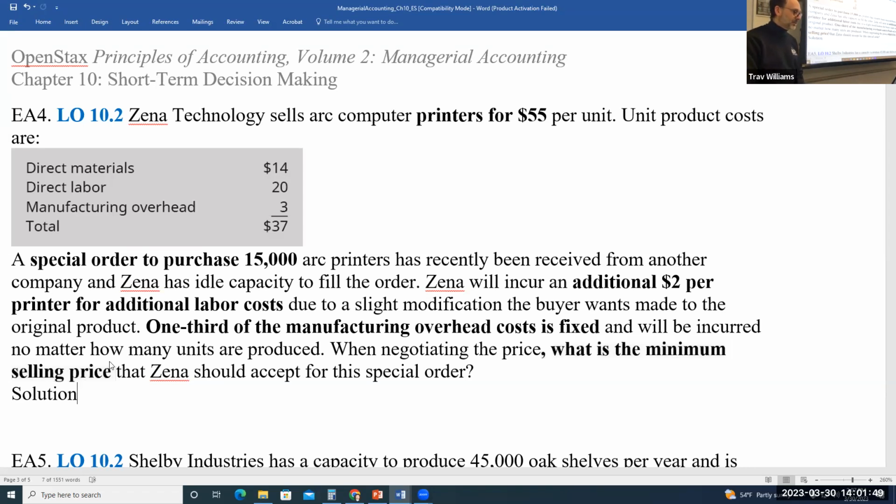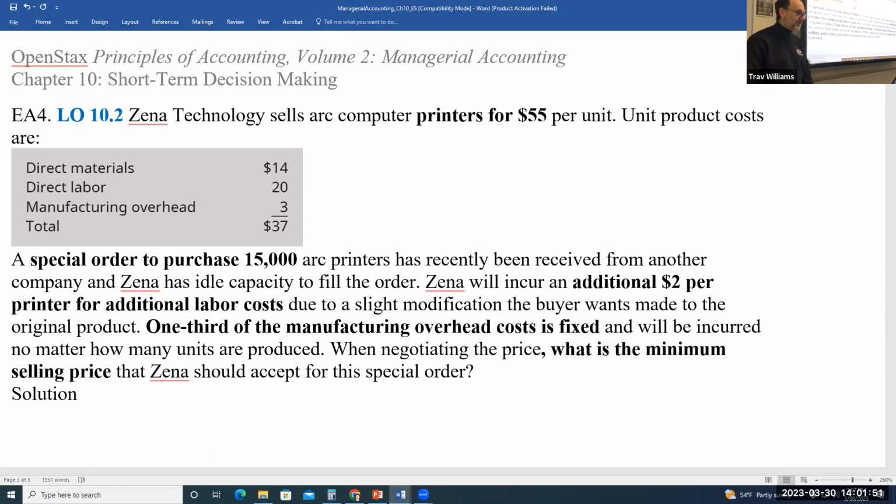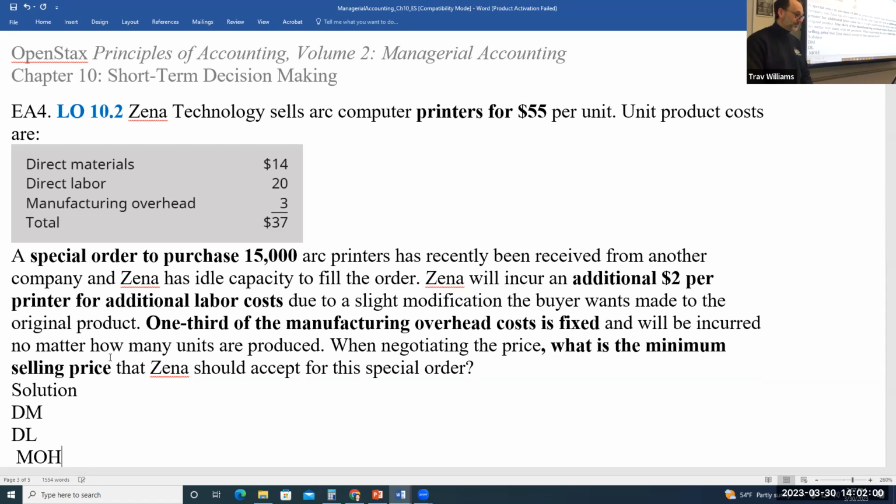So let's go ahead and break it down by the type of cost. There's direct materials, direct labor, and manufacturing overhead. If they take this order, what is going to be their direct material cost per unit?